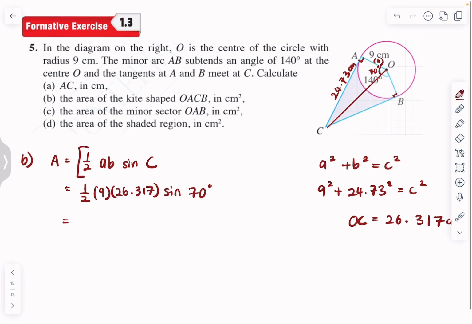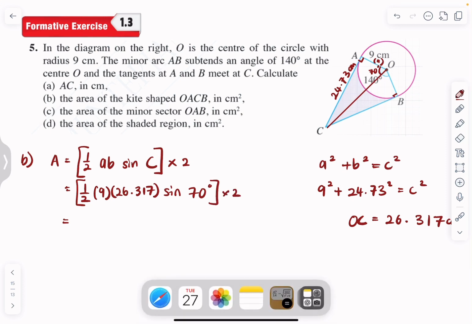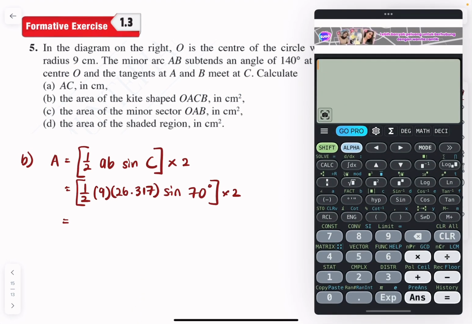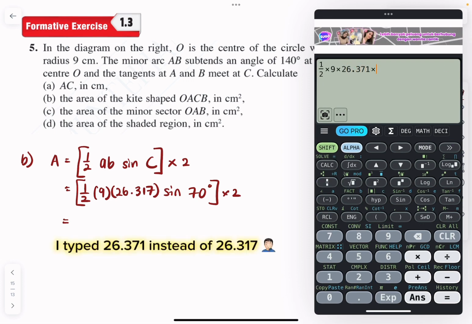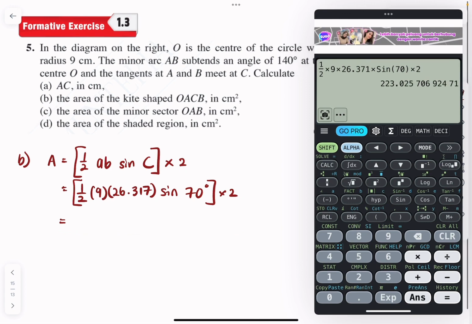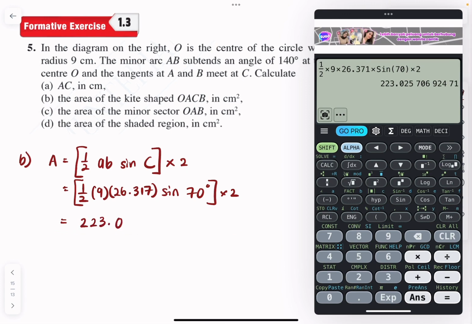So what we do, you want to find the whole kite, we times this whole thing by 2. One over 2 times 9 times 26.317 times sine 70 times 2. So we get 223.026 cm square.